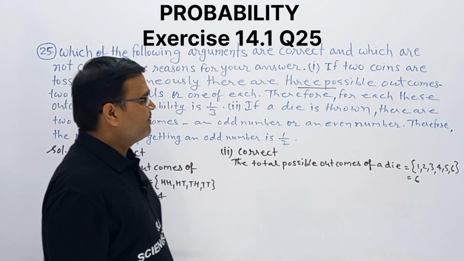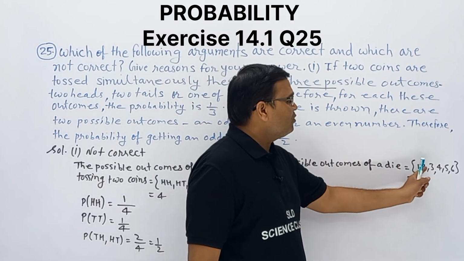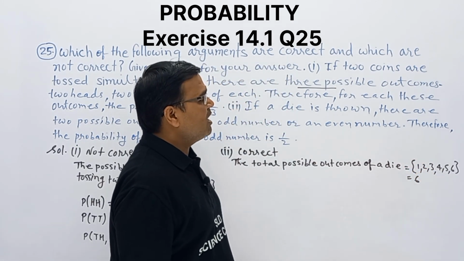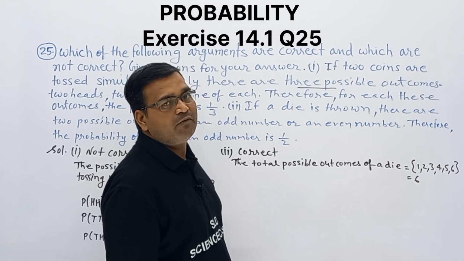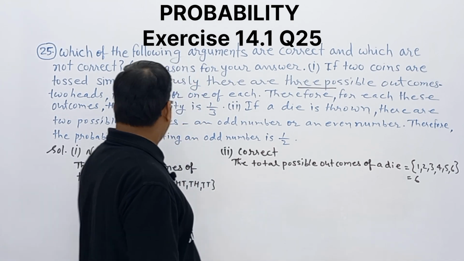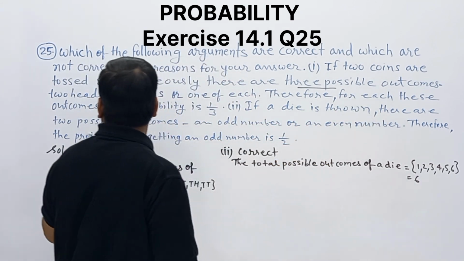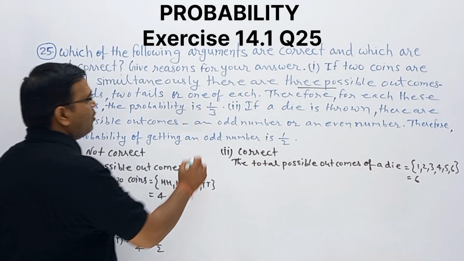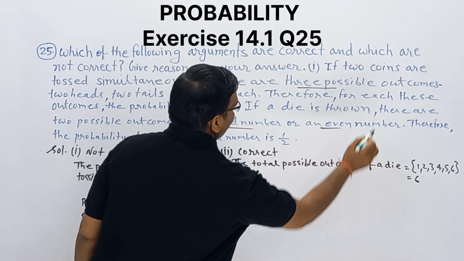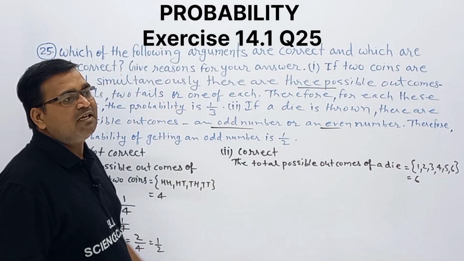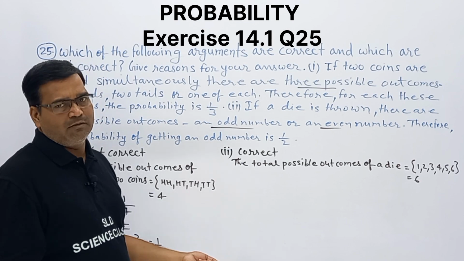Even numbers are 2, 4, 6, and the remaining 1, 3, 5 are odd numbers. So once we throw a die, we get either an even number or an odd number.